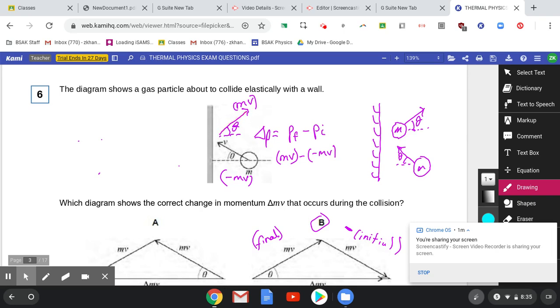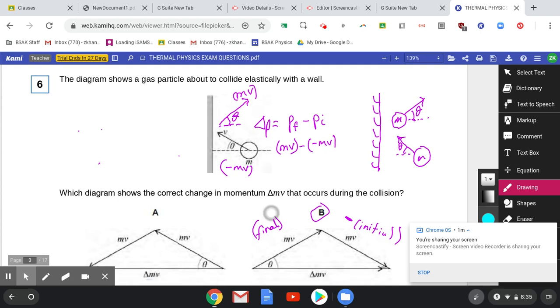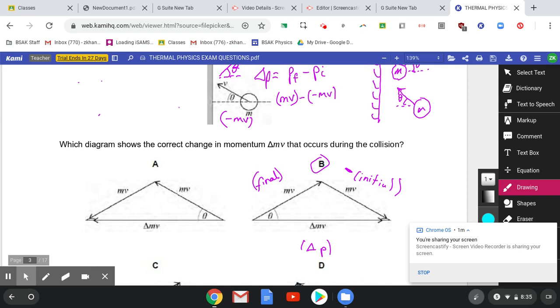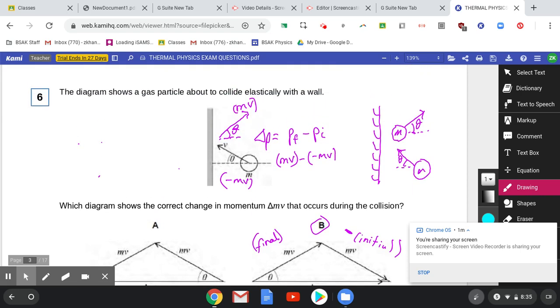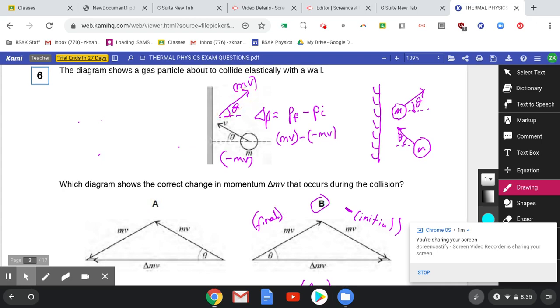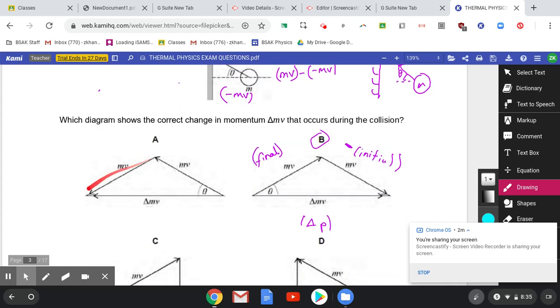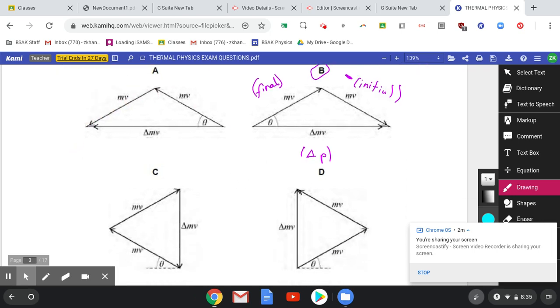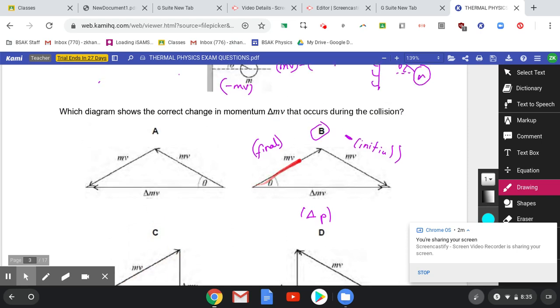So we want to see an arrow for mv going to the right, sloping to the top right corner of your page, just like that there. Now, if you look at this, no, we don't have an arrow facing that way. So we have got one facing that way and one facing that way.